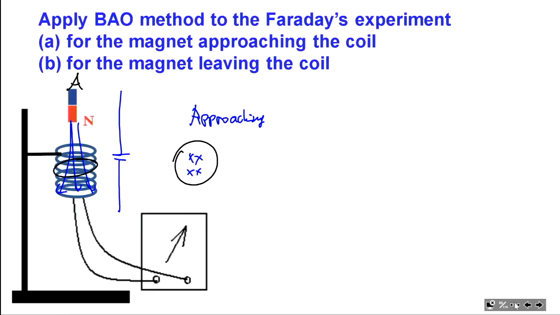Now, when the magnet is approaching, it means flux increases, more and more and more lines. And again, we know in that case, the induced magnetic field should be opposite, and that will make electric current in that direction, which is counterclockwise from the point of view of the observer looking down.